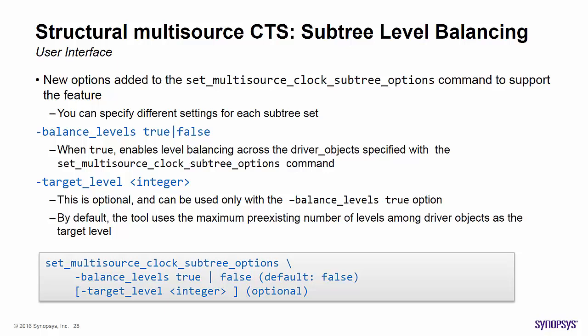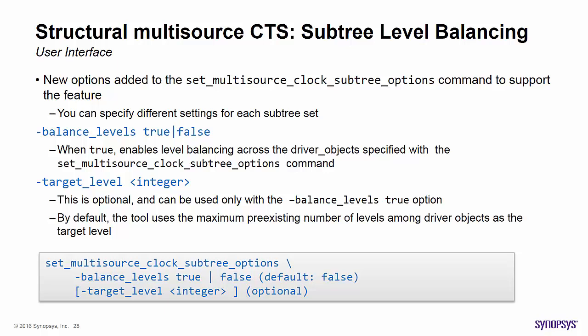The -balance_levels option, when true, enables level balancing across the driver objects specified with the set_multi_source_clock_subtree_options command. The optional -target_level option can be used only with the -balance_levels true option to specify an integer number as a target number of levels.